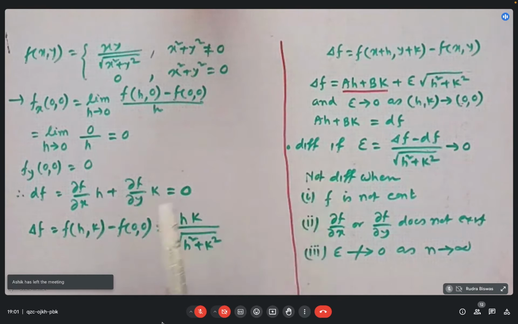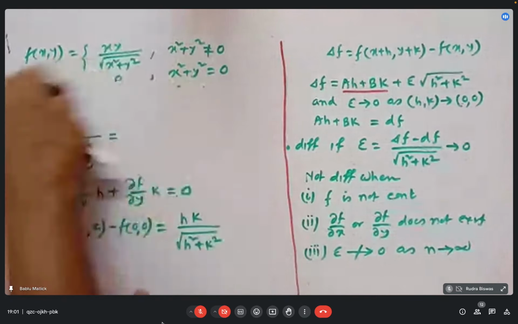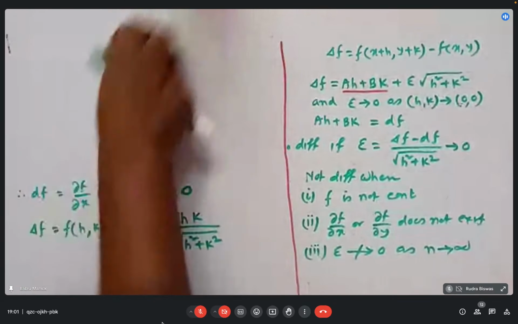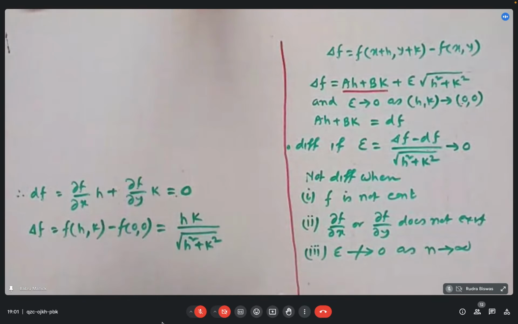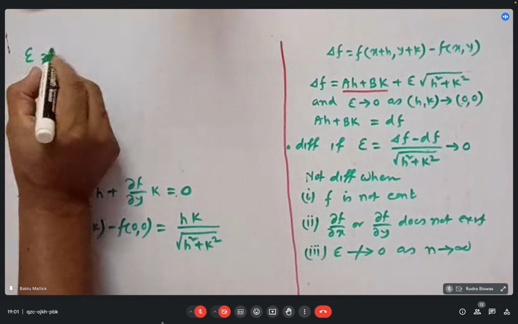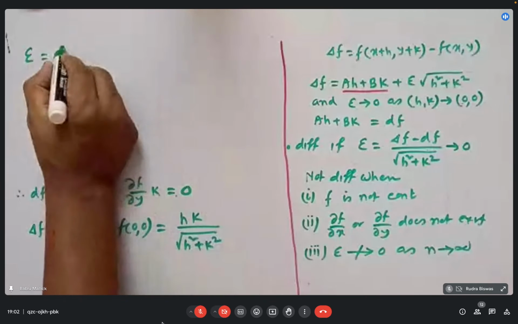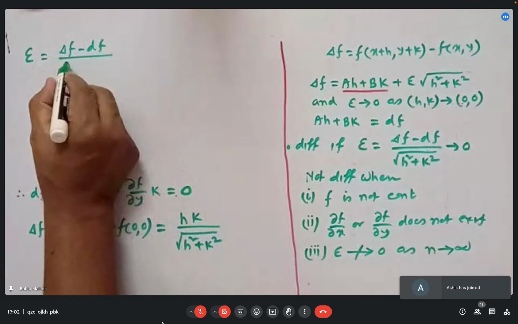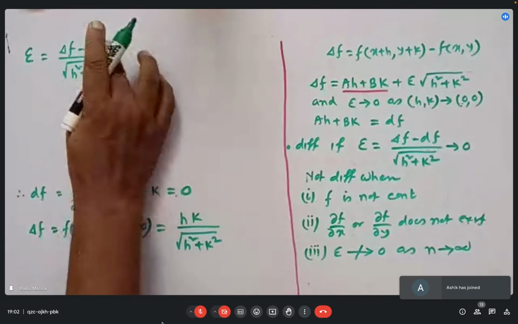Now calculate epsilon. Therefore epsilon is equal to delta f minus df divided by root under h square plus k square.